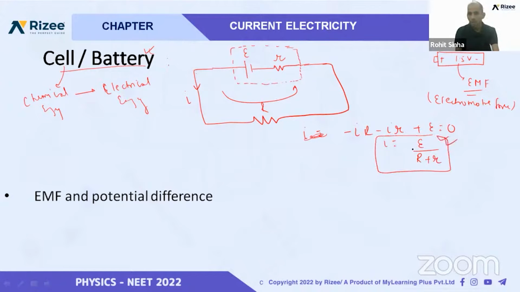Now you see this is the current flowing through it. If I want to know the potential difference across this terminal, VAB, what do I do?